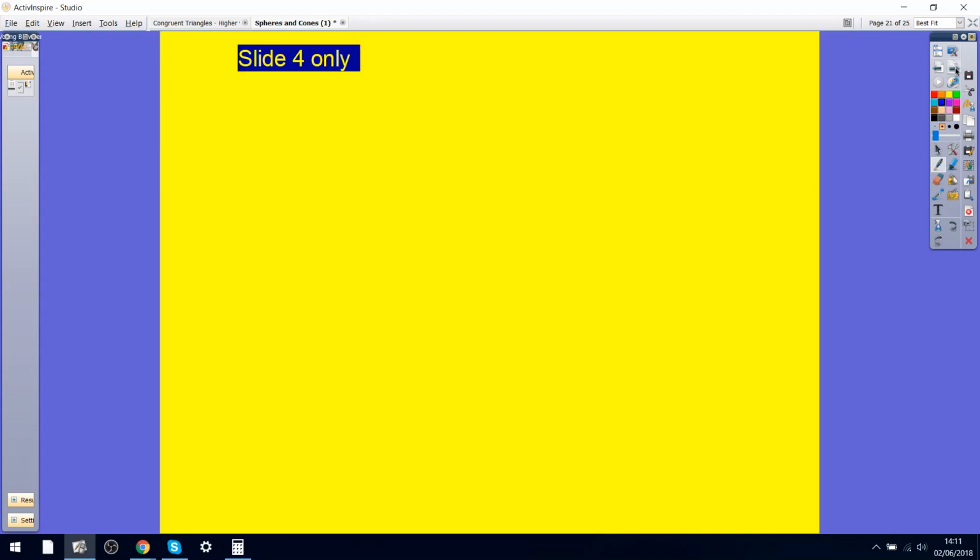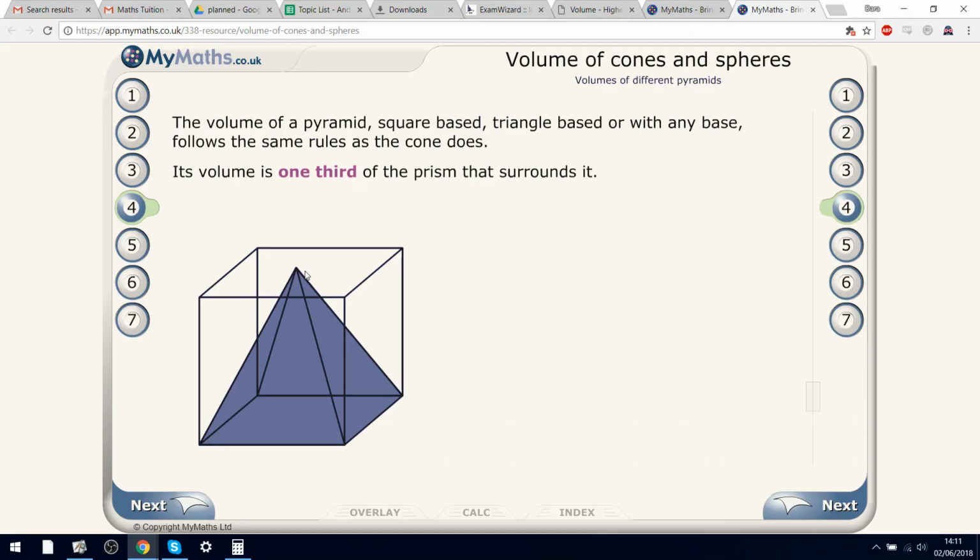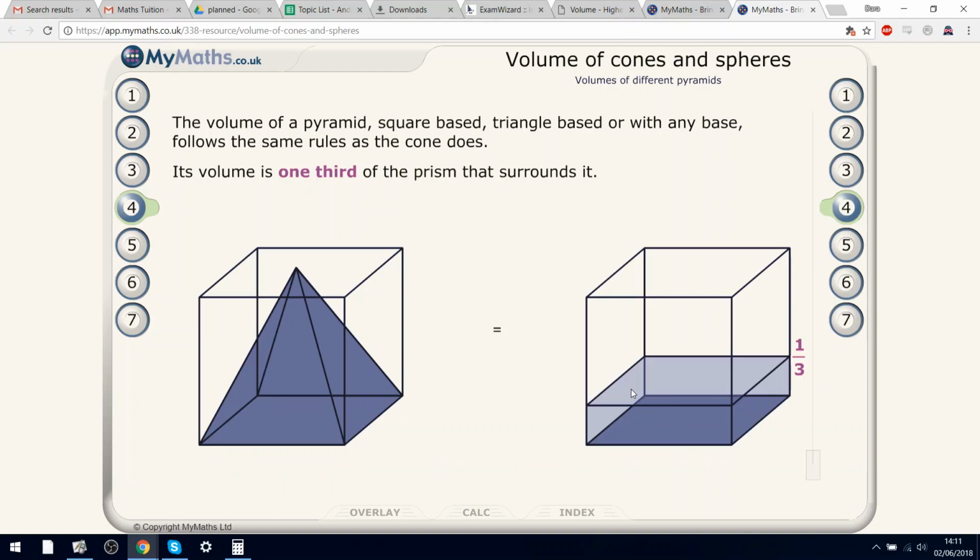Slide 4. Pyramid. It's probably not going to animate, but it's the same thing. So it's inside a cuboid, and if you boil it down, it becomes 1/3 of a cuboid. So it's just the volume of a cuboid times 1/3. How do you get volume of a cuboid? Yeah, that's it.